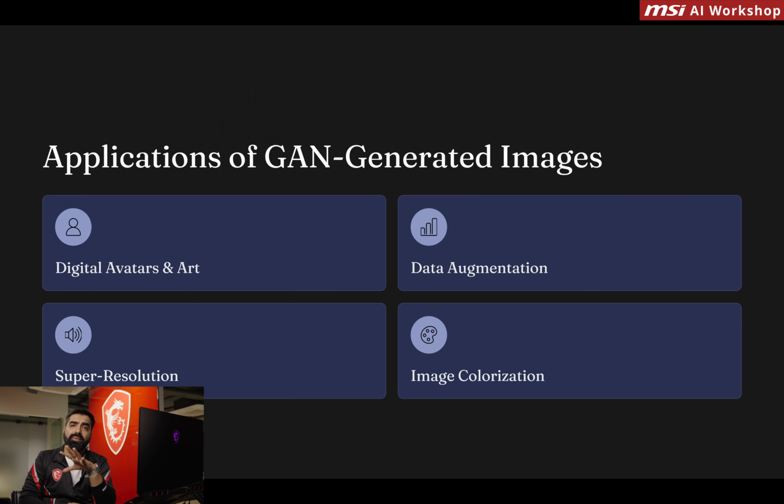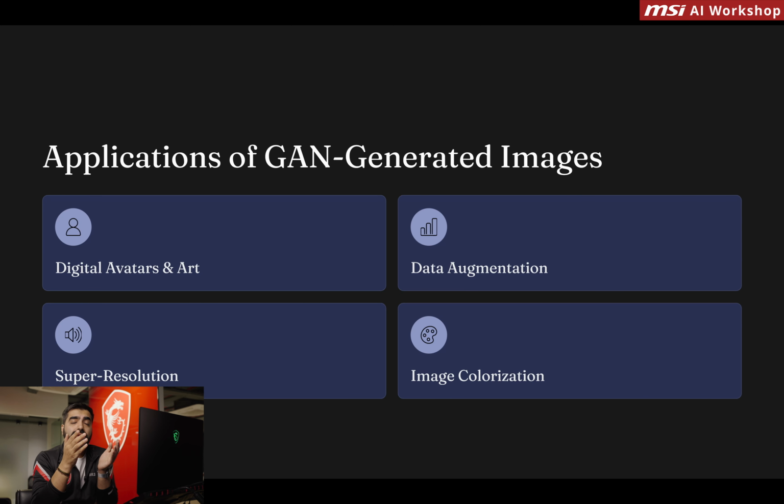Let's look at some of the applications of where these generated images could be utilized. I'm sure you might be seeing so many different tutorials on the internet where you can utilize AI to not only create normal images or the Ghibli art, which I'm sure you might have used, but you can utilize AI for a number of other things as well. Let's say digital avatars, which is of course one of those examples, the most famous being Ghibli art.